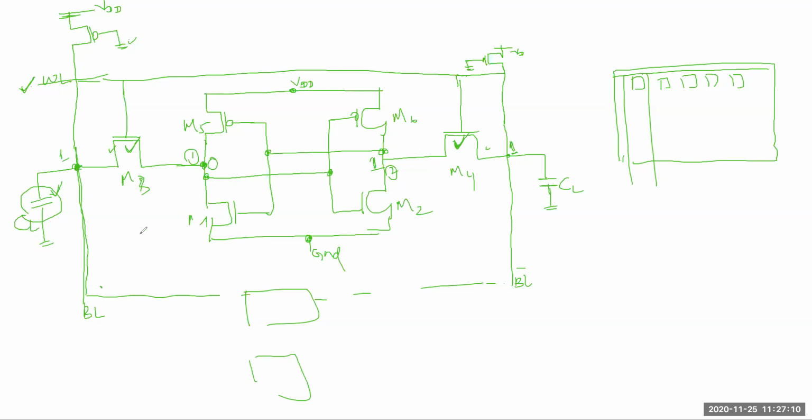So now how will we get that data? See, once this is on, this value is 1 and this is 0, which means this transistor is on and this transistor is on. This is off and this is off. See, 0 means this is ground, so definitely this will be on.